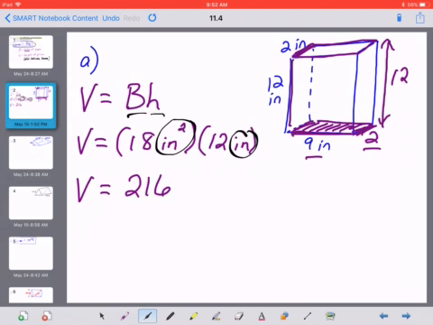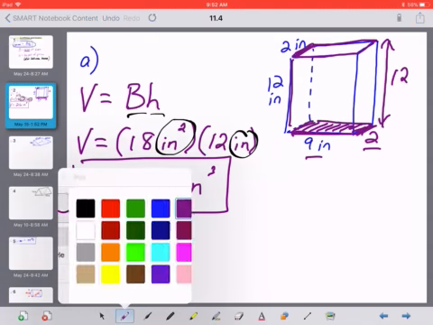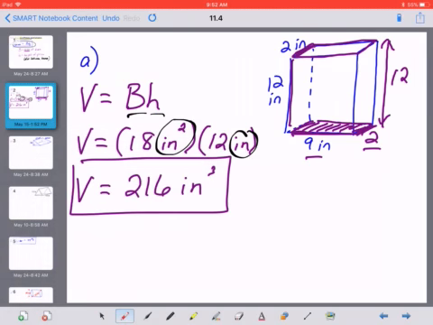And when you multiply square inches times inches, you get a new unit we haven't used before called cubic inches. And that is going to be the measurement for the volume of that particular cereal box. Now, you can stop paying attention right now if you want to just move on to the next problem. But what I find interesting here is you can actually do this a couple of different ways.